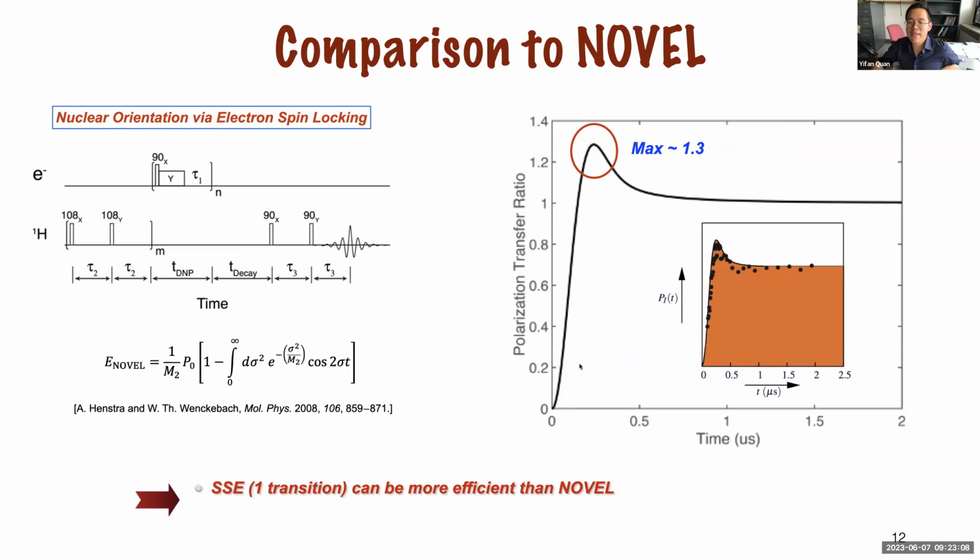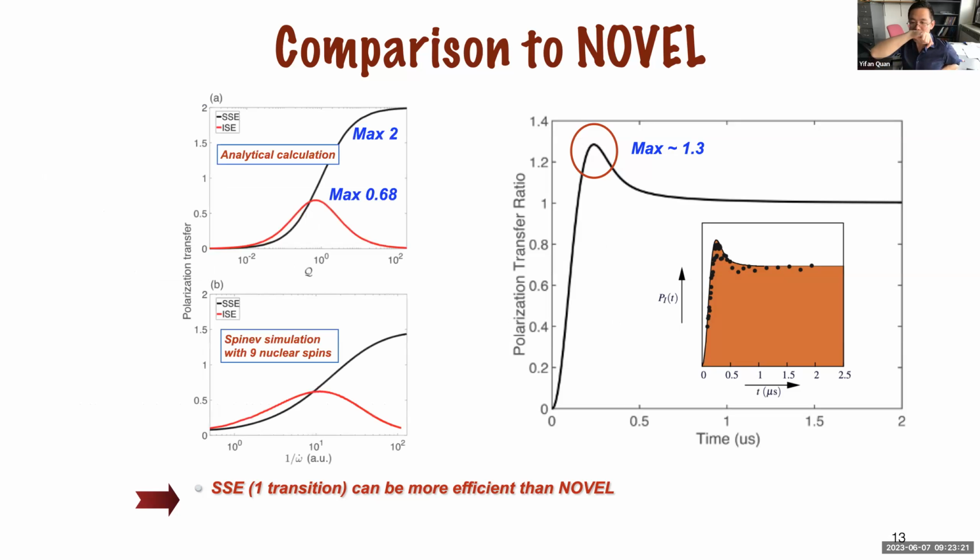But if you plot it as a function of the pulse length, you find that for NOVEL, the maximum polarization transfer per pulse is about 1.3. And this is an experimental verification of the curve. And if you compare that to the ASE and the SSE polarization transfer, you find it is a factor of 2 more efficient than ASE, but you find the SSE can be much more efficient than NOVEL also.